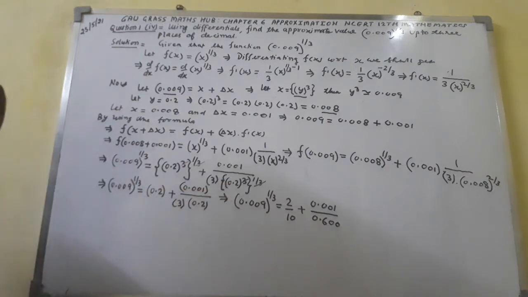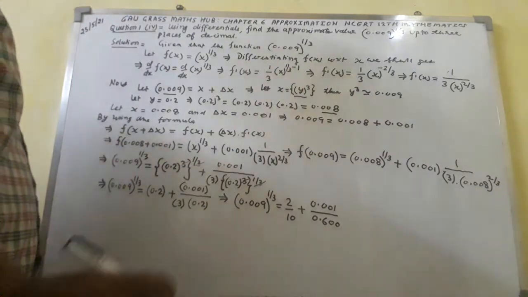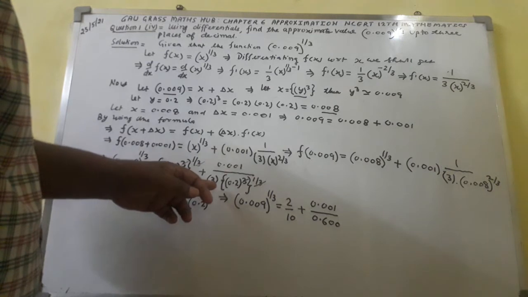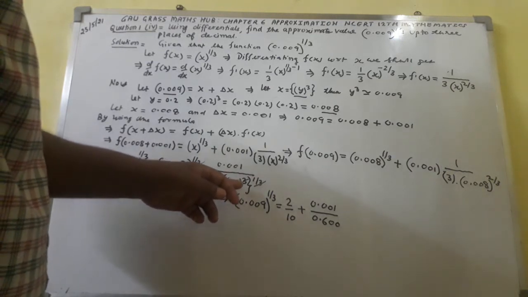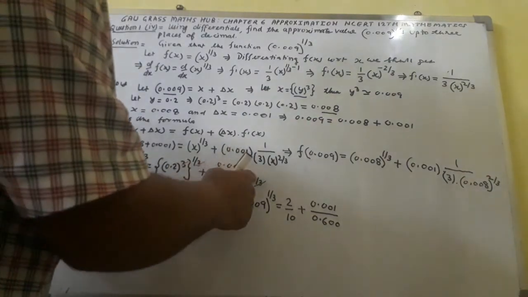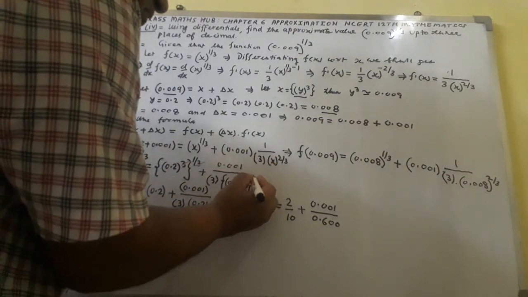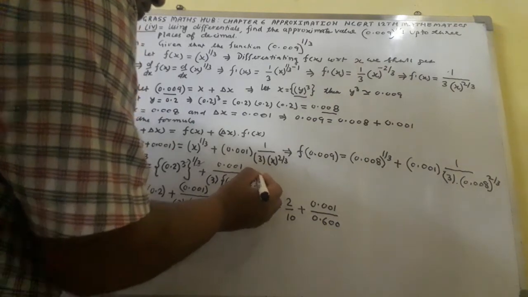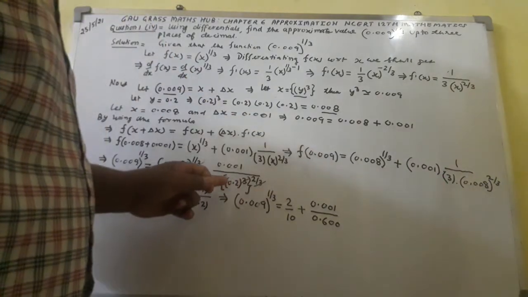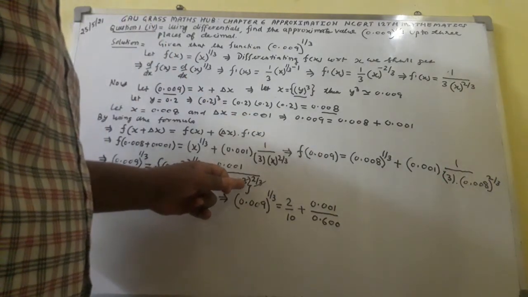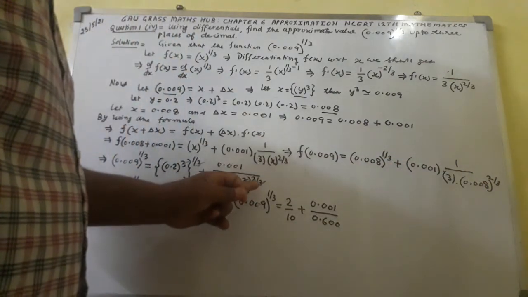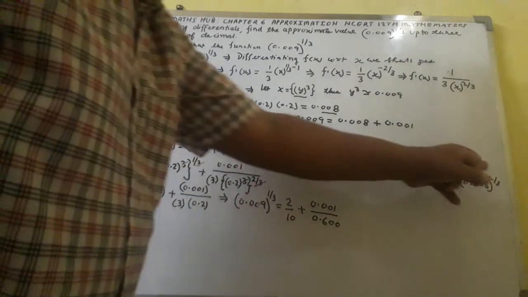Here you can see I have committed some mistake. Here you can see 0.001 over 3 dot 0.2 whole cube raised to the power 2/3. This one is 2, this one is 2. Here you can see 3, 3. 0.2 whole cube, this one you will get, index will be 2/3, 2/3 I have written.